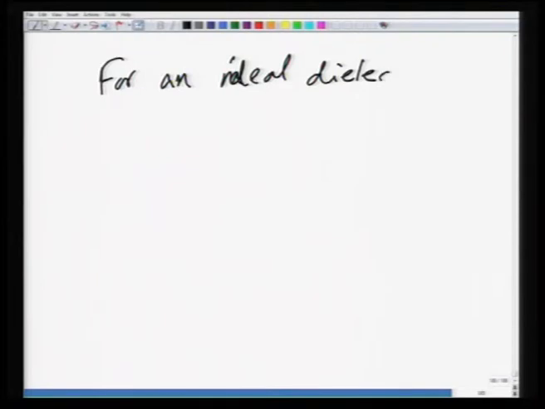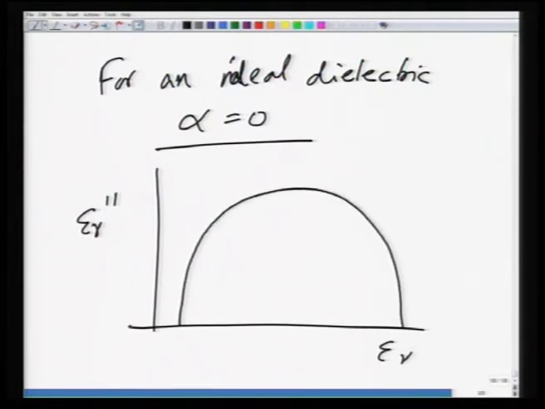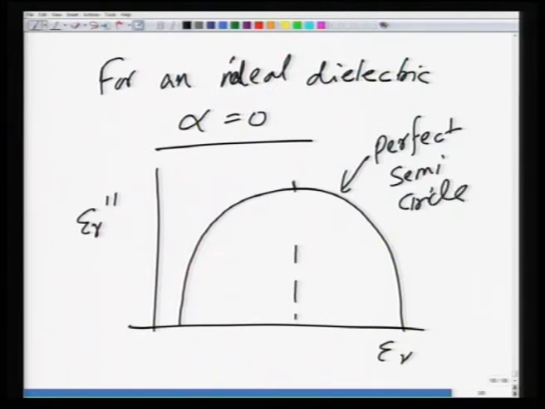So, naturally, as you can see, for an ideal material this alpha would be equal to 0 and the system would be characterized perfectly by the Debye equations which we just saw. And if you plot epsilon r prime versus epsilon r double prime as a function of frequency, you should get a perfect semicircle, and maxima naturally will occur.